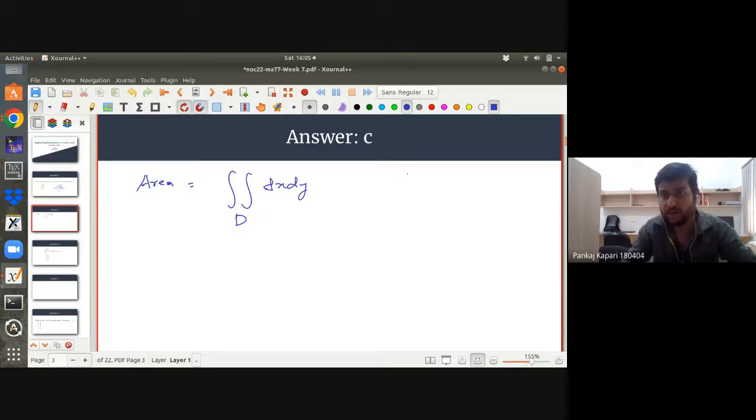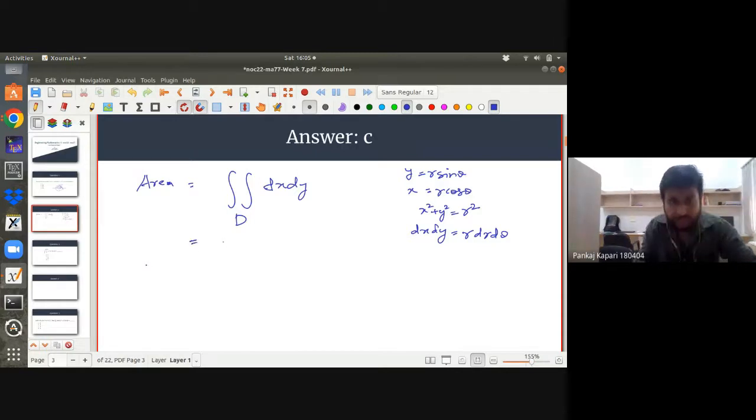So instead of rectangular coordinates, we will be using polar coordinates. In polar coordinates, we put y is r sine theta and x is r cos theta, where x square plus y square is r square. So dx dy will take the value r dr d theta. This integral will just become r dr d theta, and now we have to find the limits of this integral.